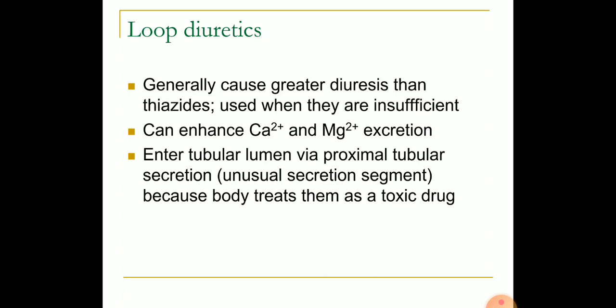Now, if you go through the mechanism of action of this drug, you will see furosemide is a high-ceiling diuretic with natriuretic potency of around 20 to 25%. It has a bioavailability of around 65%.